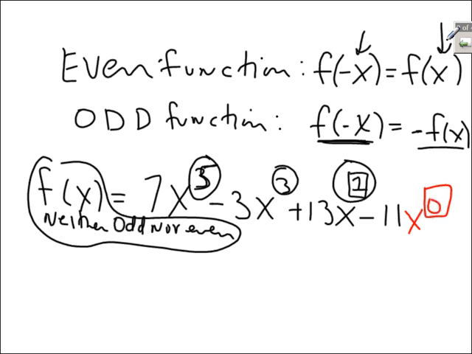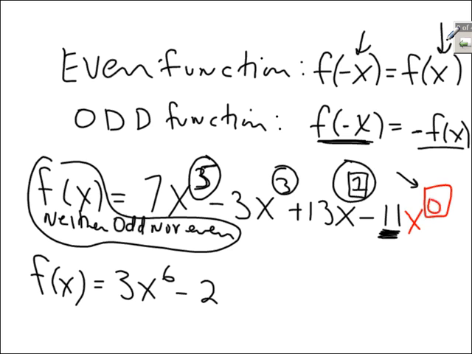You need to be mathematically mature enough that when you see a constant 11, you think exponent of x is 0. Now, you have f of x is equal to 3x to the 6th minus 21x squared plus 13. This is even because all the powers of x are even.